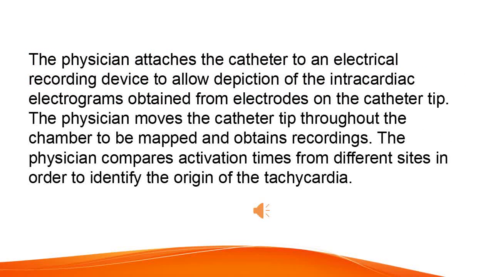The physician attaches the catheter to an electrical recording device to allow depiction of the intracardiac electrograms obtained from electrodes on the catheter tip. The physician moves the catheter tip throughout the chamber to be mapped and obtains recordings. The physician compares activation times from different sites in order to identify the origin of the tachycardia.